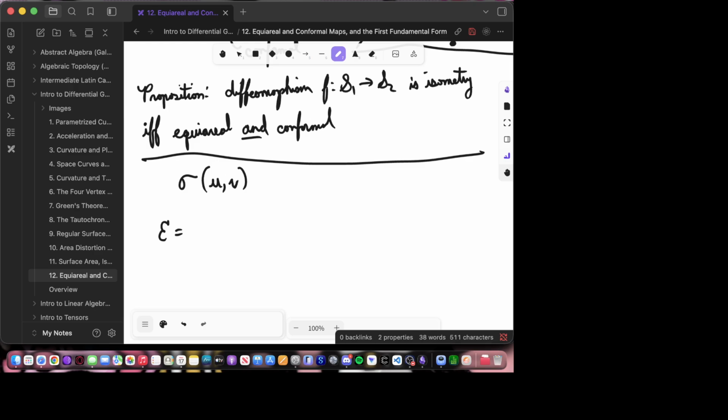We define E to be the norm of the partial derivative of sigma with respect to u squared. We define F to be the inner product, like so. And then we define G to be sigma v squared.